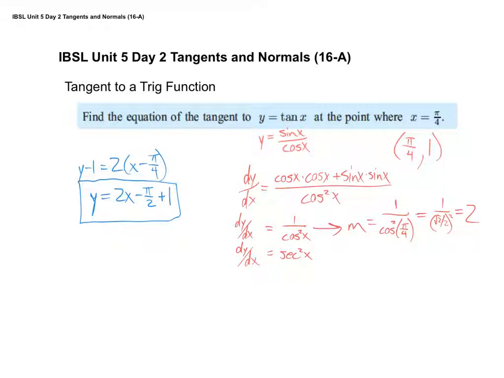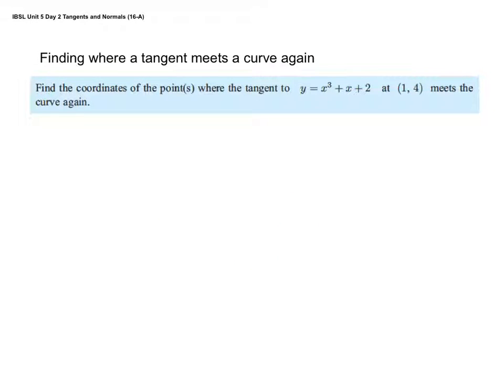So, two other applications. So they're kind of cool. And this next one, we're really going to dig deep into our pre-calc honors and algebra 2 honors bag of tricks in order to get this, okay? Find the coordinates of the points where the tangent to y equals x cubed plus x plus 2 at 1, 4 meets the curve again.